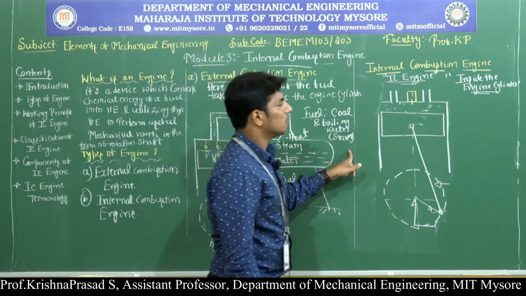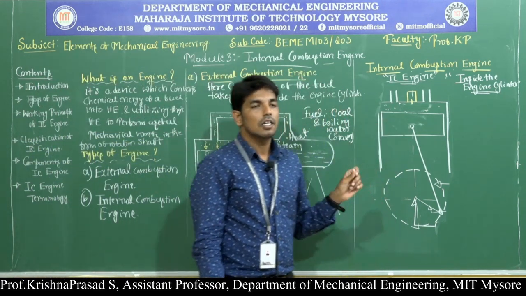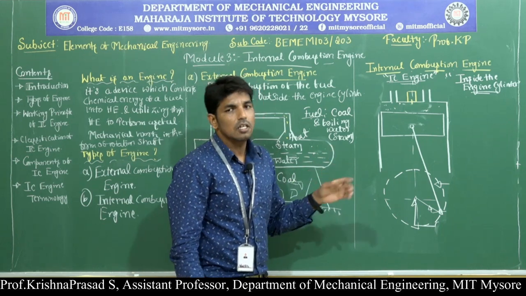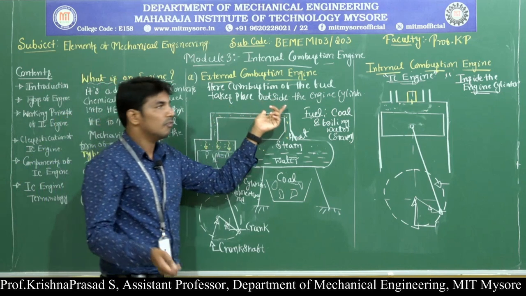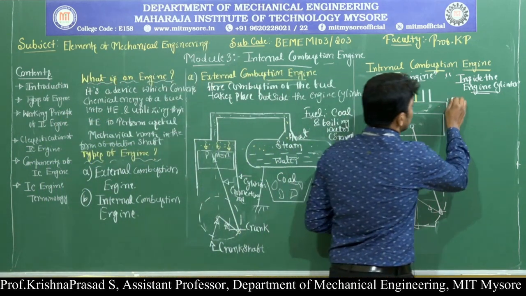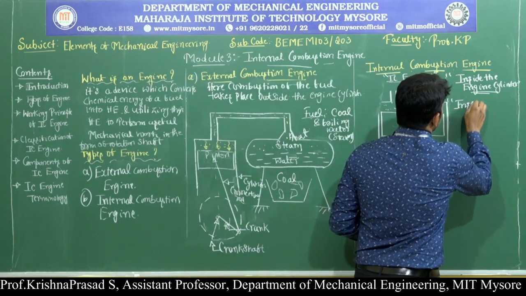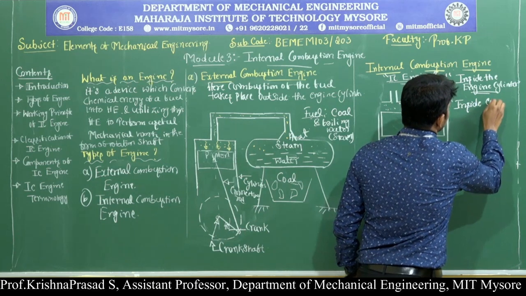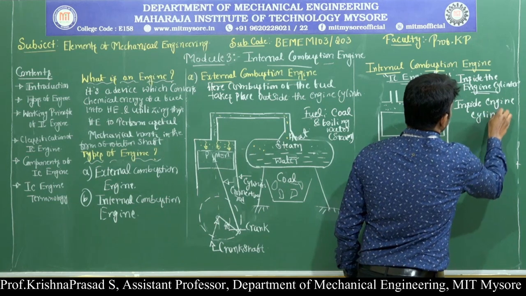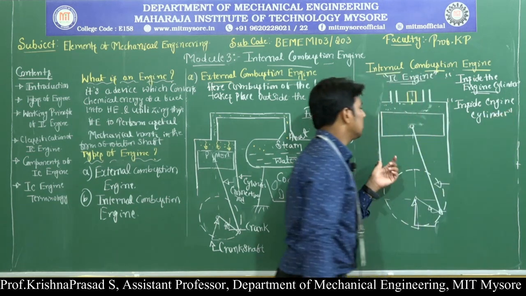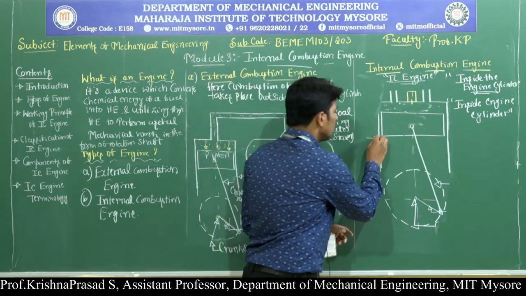Next, second one, what is meant by the internal combustion engine? Very simple, we just need to change the word. Here combustion of the fuel takes place inside the engine cylinder. Observe here, this is the cylinder now.